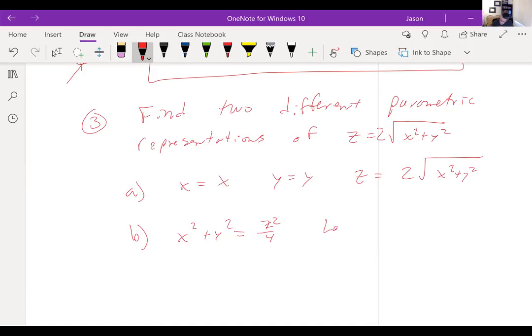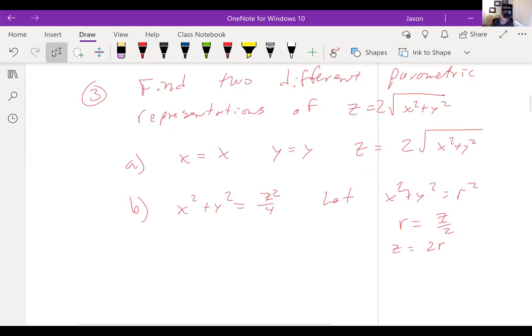Okay, if we let x squared plus y squared equal r squared, then we can see that r is equal to z over 2, where z is equal to 2r.